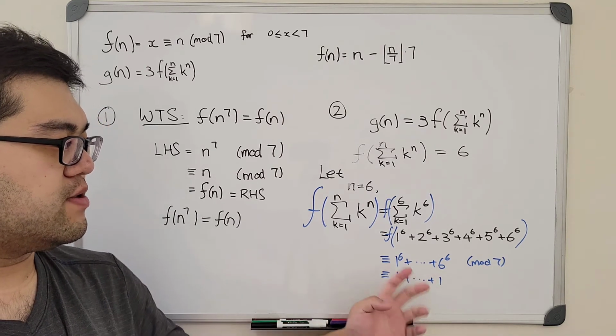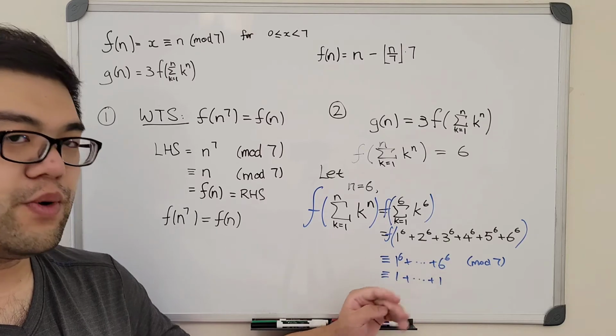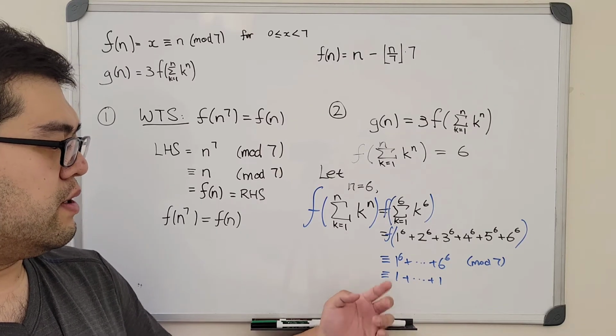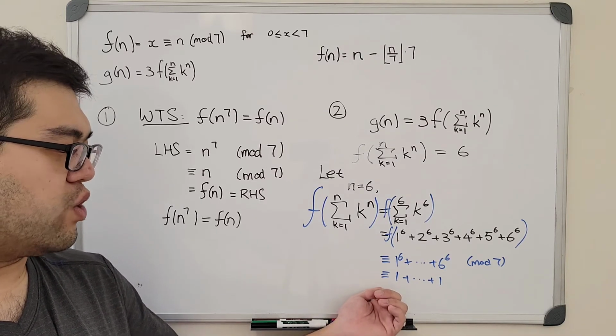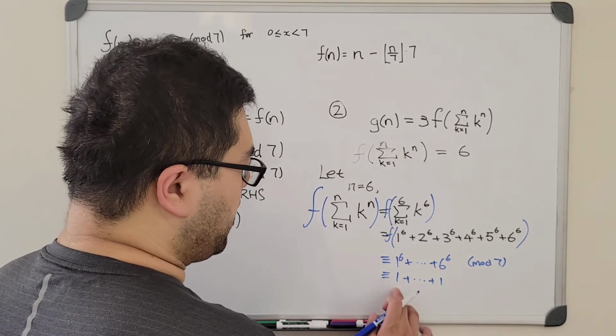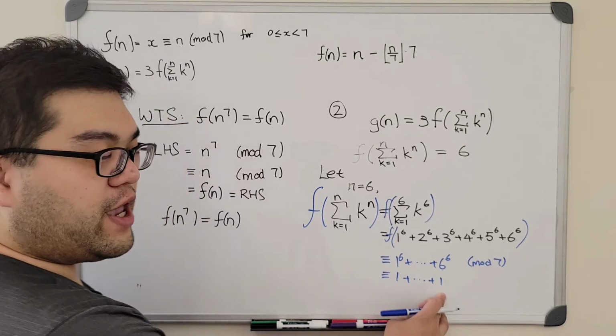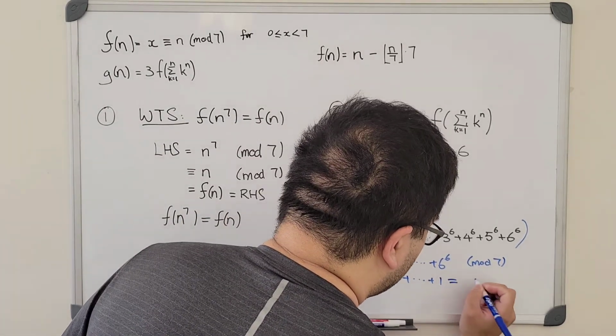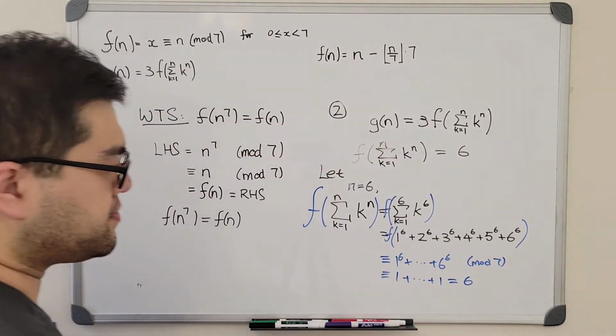So if we raise it to the 6th power, which is the 7 minus 1 power, each one will actually be congruent to 1 by the little theorem. Therefore, we just have 6 copies of 1 adding together, which gives us 6.